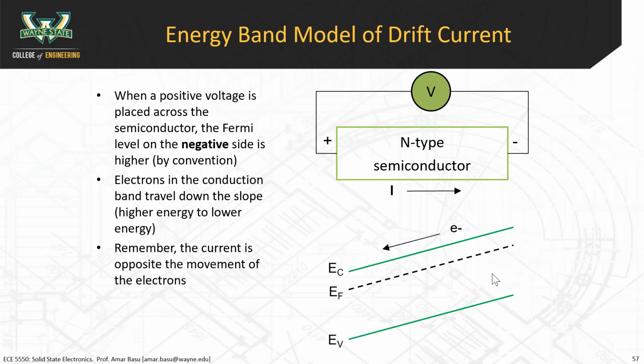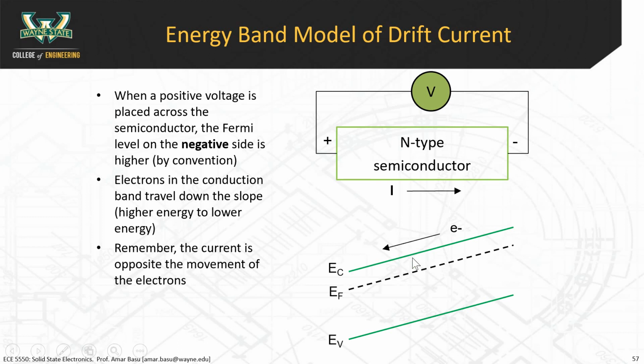That's drift current in the physical model, where we're looking at electrons as a particle. The energy band model of drift current is shown in this slide. This is where we look at the energy band diagram when we think about electrons going to their lowest energy state. Electrons are happiest in their lowest energy state.